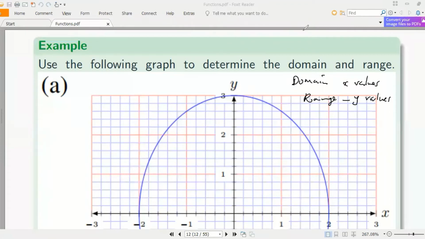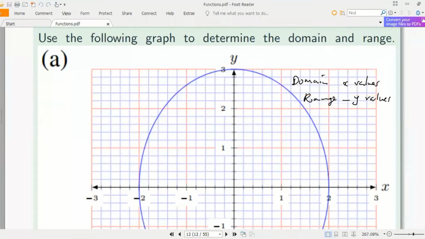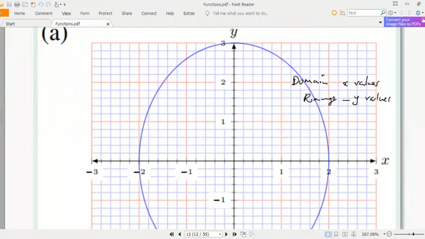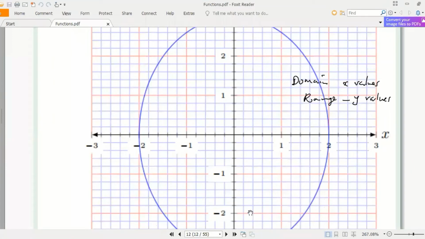So let's just roll this one down. You just take where the x values begin and where they end to tell us the domain. When I look at this graph, I'm seeing the x values are beginning from -2 to +2. And I'm also seeing that -2 is included because these are continuous graphs. It's not dotted.